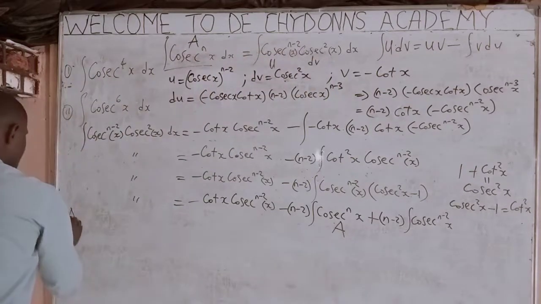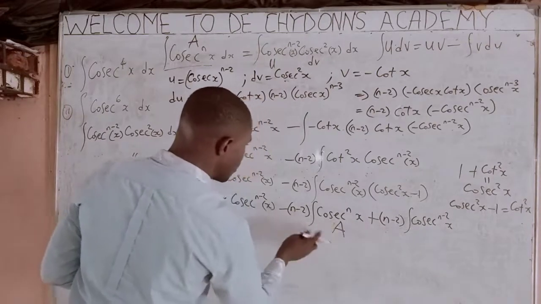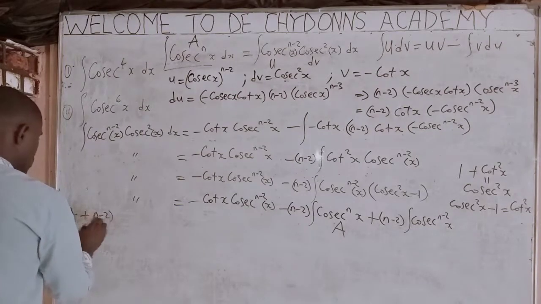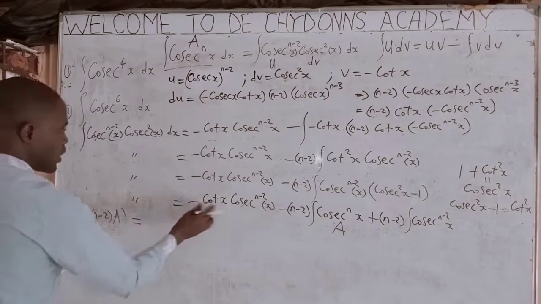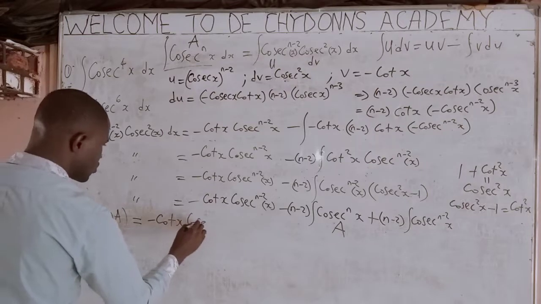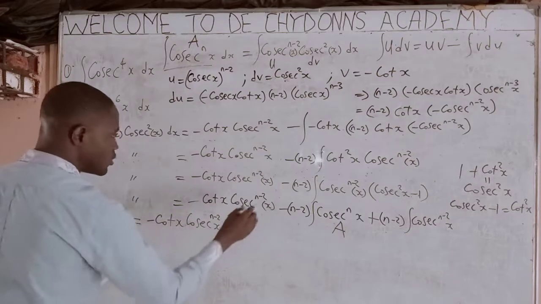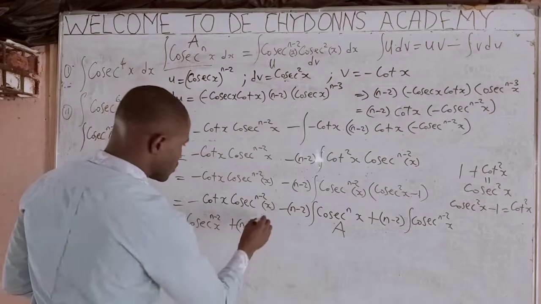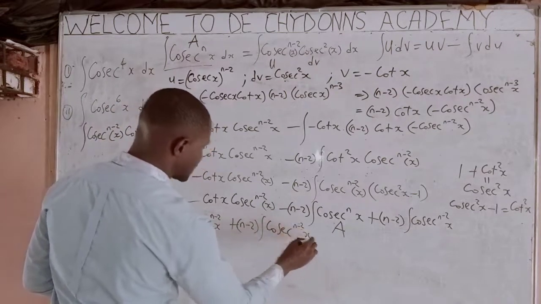It means that A, what is here, once it comes to the other side, plus n minus 2 A equals, I will write minus cot x cosec x to the power n minus 2, then plus n minus 2 integration cosec to the power n minus 2 of x.